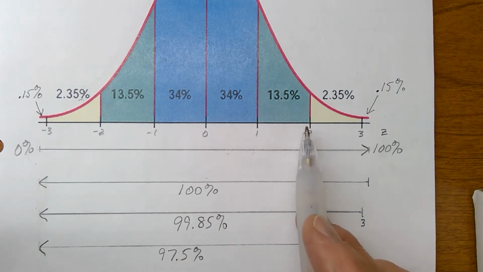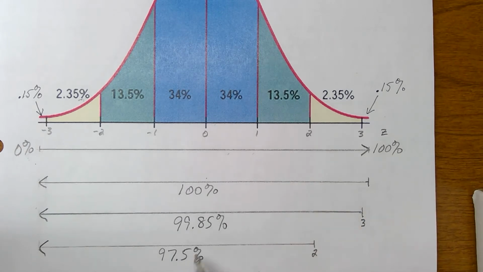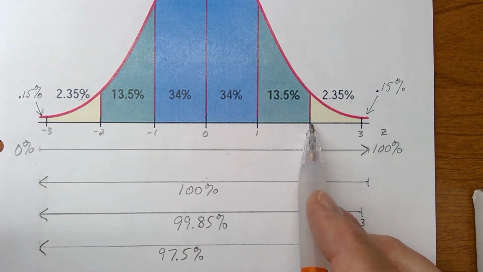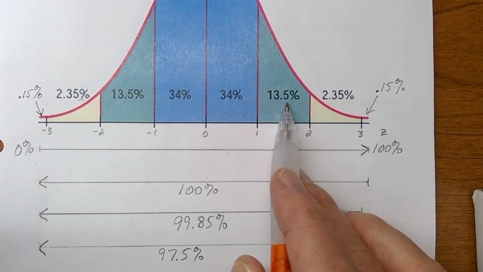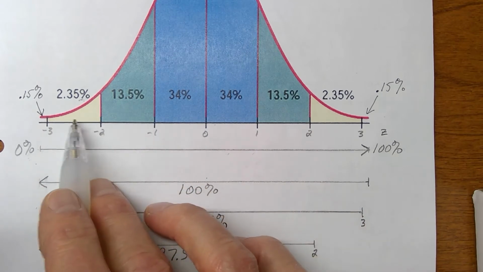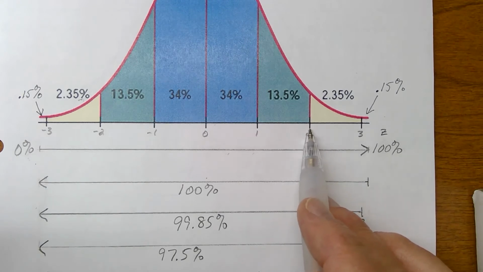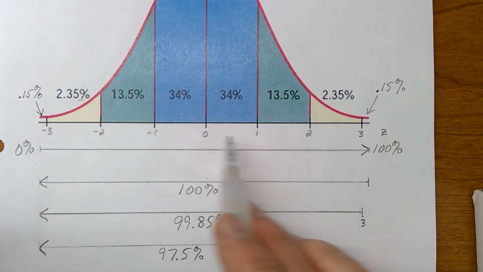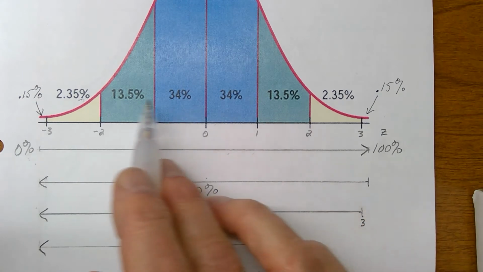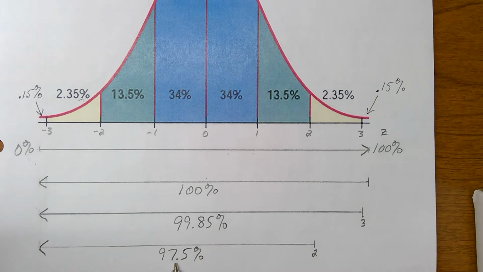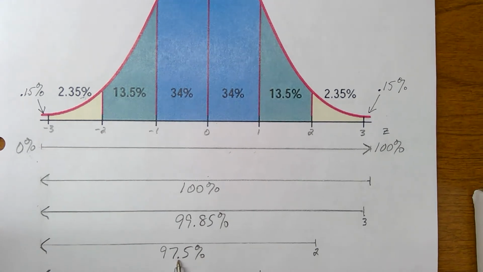So out of all 100 people in the room, there's a 97.5% chance that they scored less than 2 standard deviations above average. So they could have scored here or here or here or here or here or even here. That's 97.5 people out of the room from 2 to the left. So if Z is less than 2, we're talking about all of these people. That's 97.5 people. That's 97.5%.